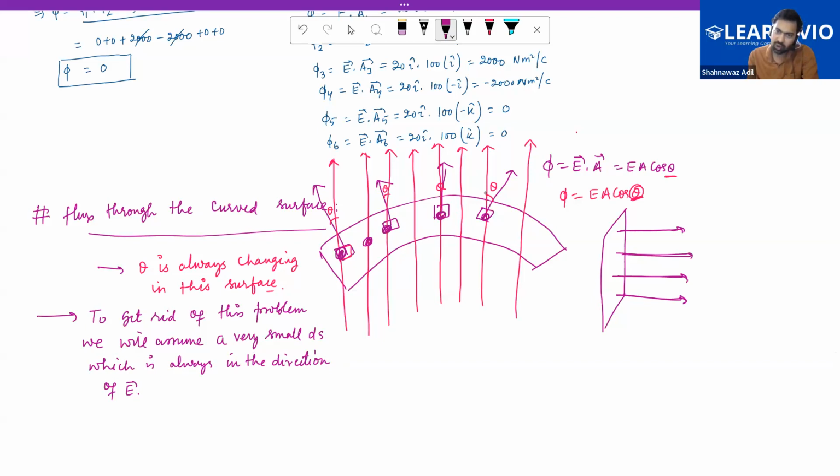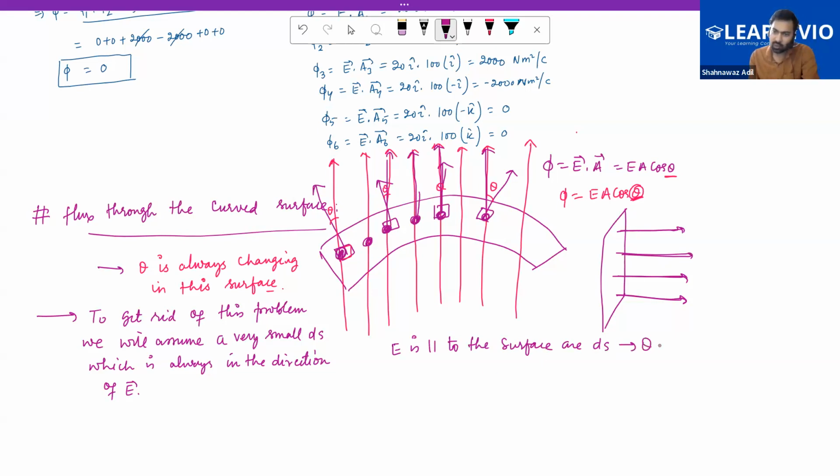And this one is always in this direction. This one is always in this direction. Small area dS, this is always in this direction. So this electric field is parallel to the surface area dS, right?